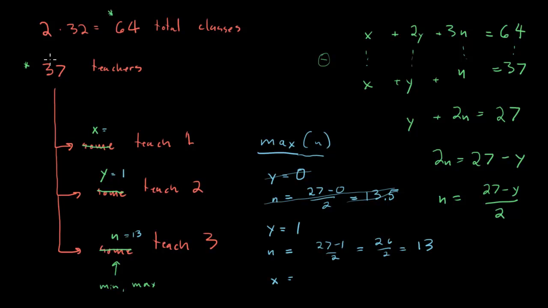And then to get to our total 37, we've got 13 plus 1 is 14, plus, let's see, 37 minus 14 is 23 for x. And yeah, that is certainly not a fraction. In fact, we didn't even need to do that. We could have just said, well, this is an integer and this is an integer, so we're going to add an integer to this, so we're not going to end up in any weird scenario where we've got half a teacher.